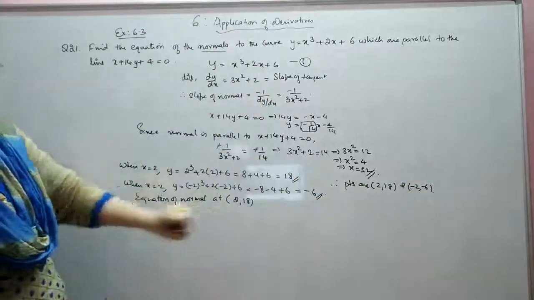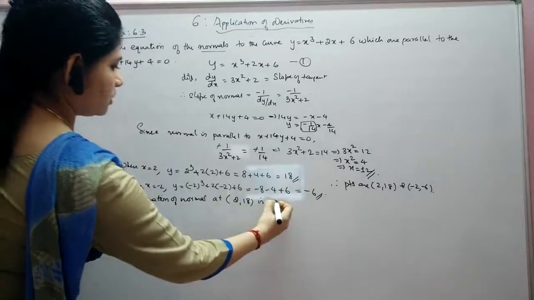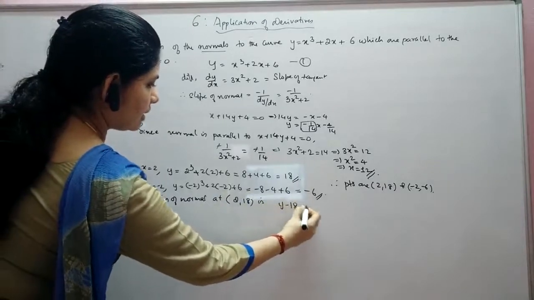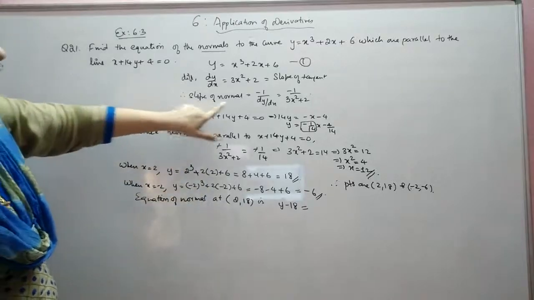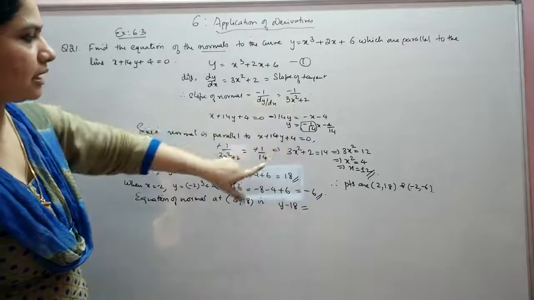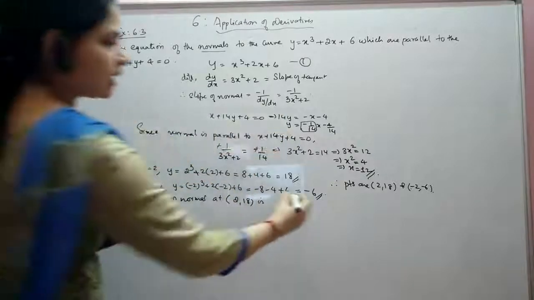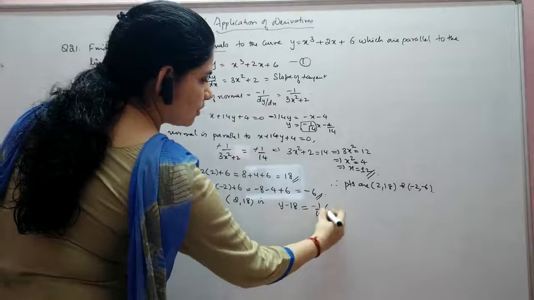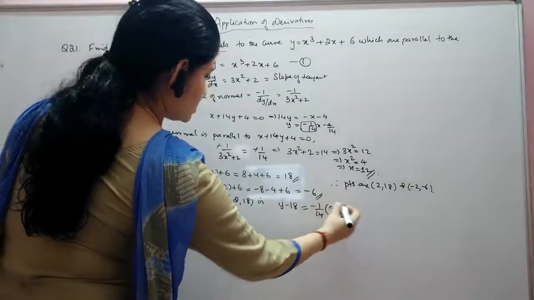At (2, 18), what will be the equation? y minus y naught, so y minus 18 equals the slope of the normal. You need not replace this; you can take this value, minus 1 by 14, because both have the same slope. So I can write minus 1 by 14 as the slope of the normal, into x minus x naught, which is 2.